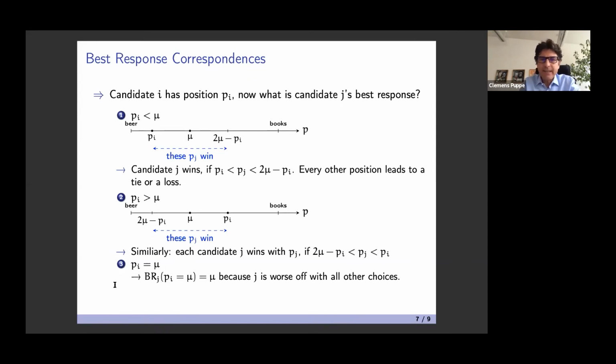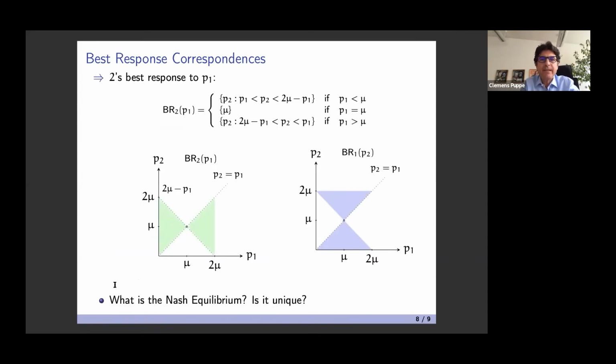So let me show you this graphically. The best response of candidate 2, BR2, to the position P1 is given by this blue region if P1 is smaller than mu, this blue region here if P1 is larger than mu, and mu if P1 is mu.